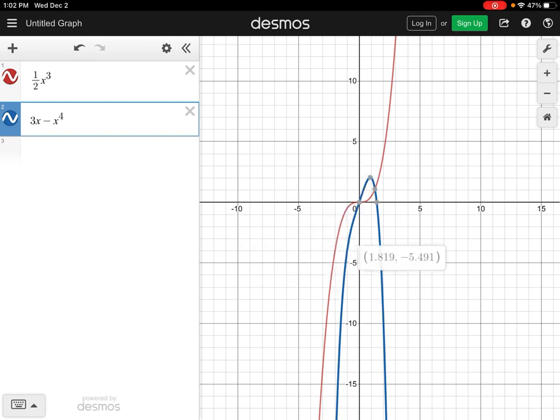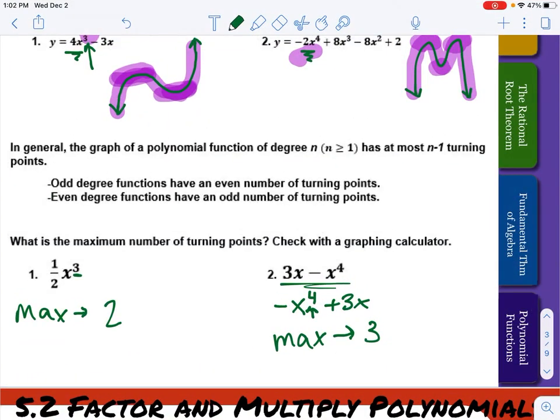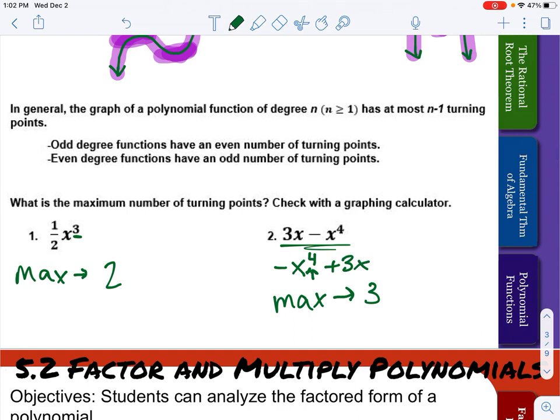So there is only 1 turning point here. So it's not necessarily the max amount, but the max amount tells us the upper bound, you could say.